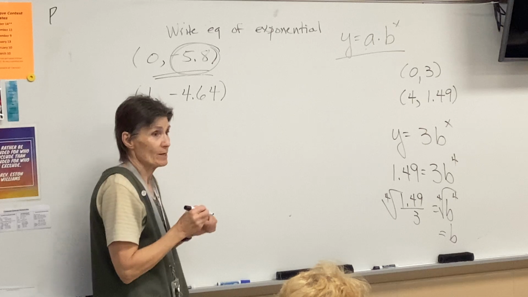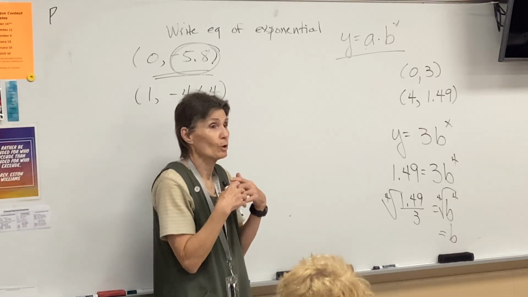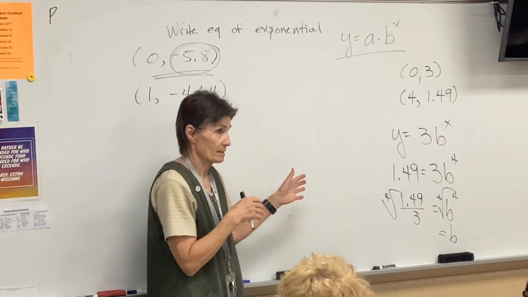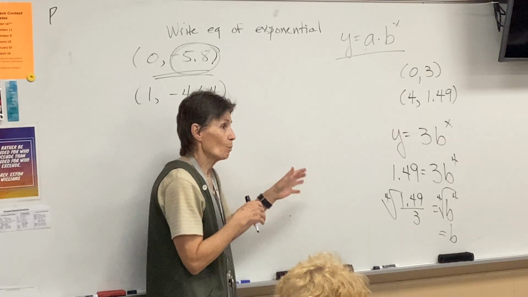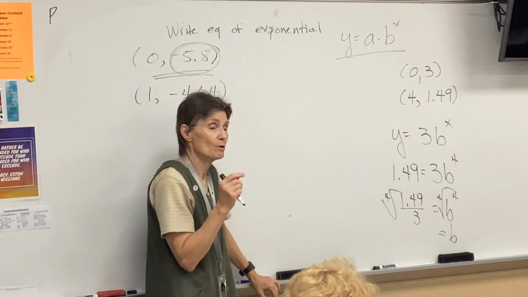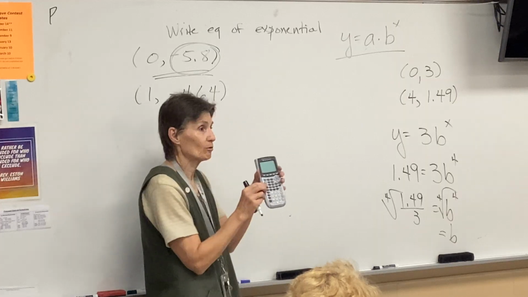Now yesterday, I didn't need a calculator because they worked out nicely. This is not nice, okay? So we're gonna 4th root this on our calculator. I want you to go to your math menu, that's the math button.